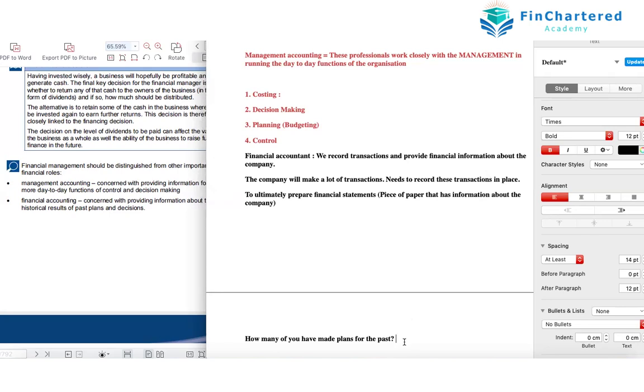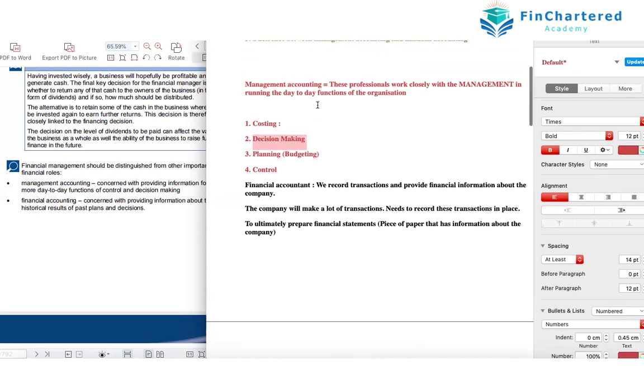No. So when it comes to management accounting, it's very less of the past. It looks more at the future. Same goes with decision making also. Think about it. That's another role of management accountant. All of you look at the screen.